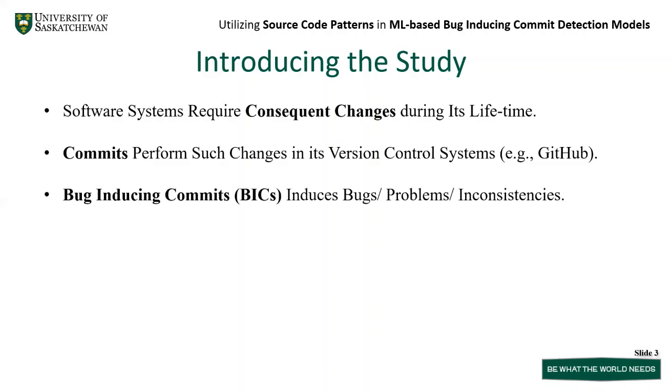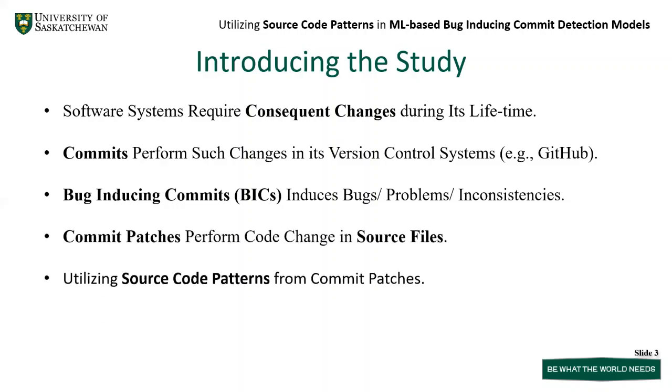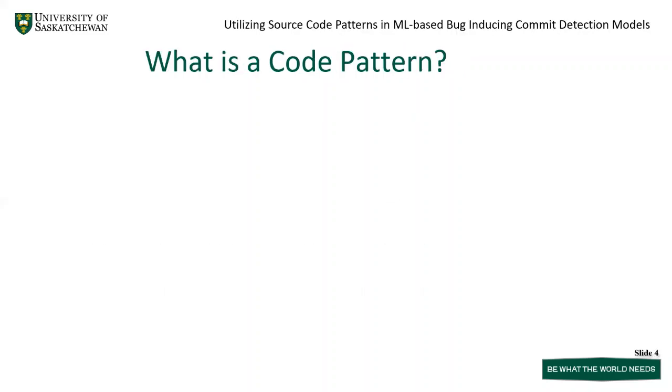The commit operations which induce bugs, problems or inconsistencies in a software system are called bug inducing commits. The commit operation is done in the source file by a commit patch, and we want to utilize the structure of source code from the commit patch to be used in machine learning based detection models.